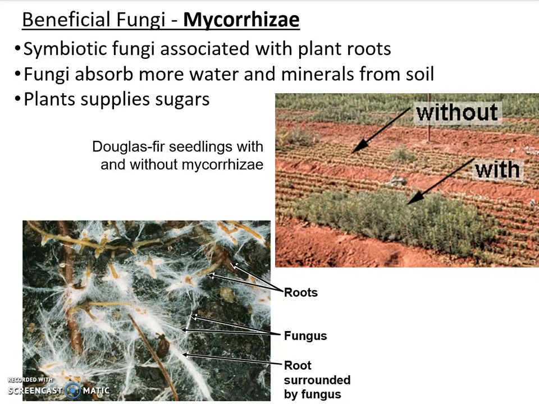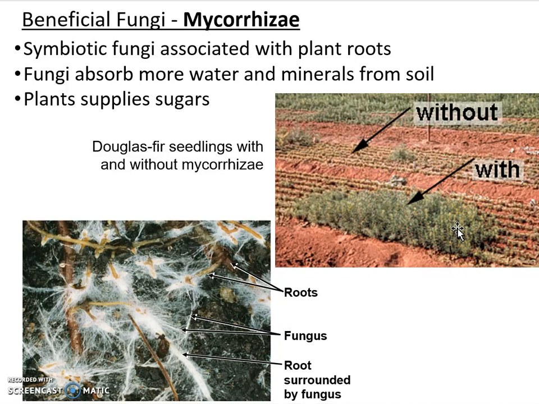And they estimate that between 80 to 90% of plants that are out there have fungi partners. And it's kind of interesting if you look at this Douglas fir seedling plot, what you can see is that there's two separate growths going on right here. Both of these seedlings were planted at the same time, only over here, these ones were planted in soil where they did not have fungus there.